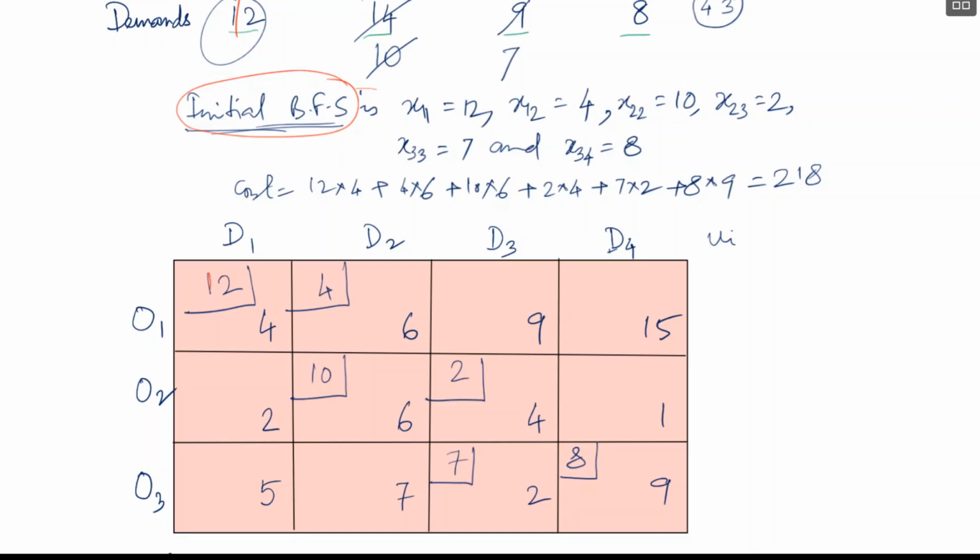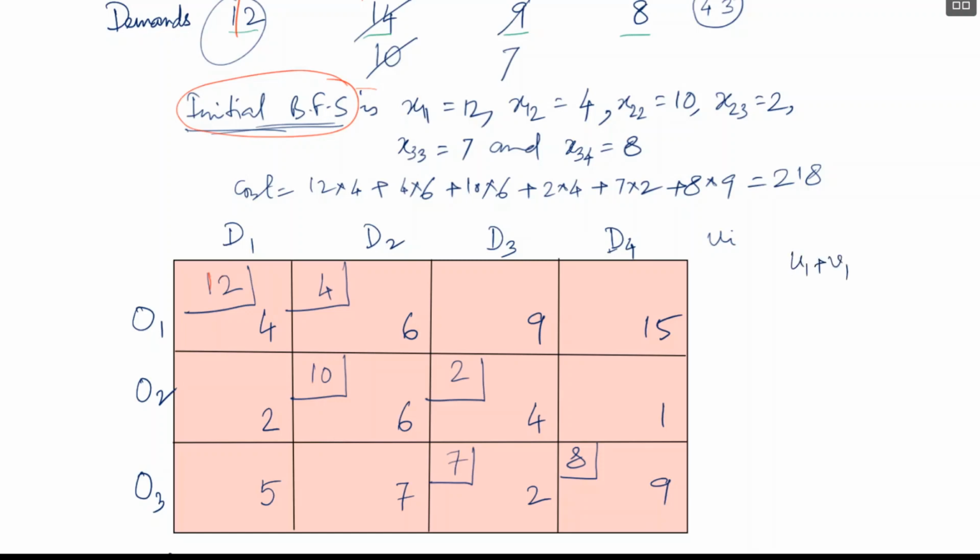So we will have zj minus cj equals to 0 for the basic cells, that is for the basic variables. That is, we will have u1 plus v1 equals to 4, because zj minus cj will be equal to 0, that is zj will be equal to cj. Now u1 plus v1 will be equal to 4. I am writing those relations.